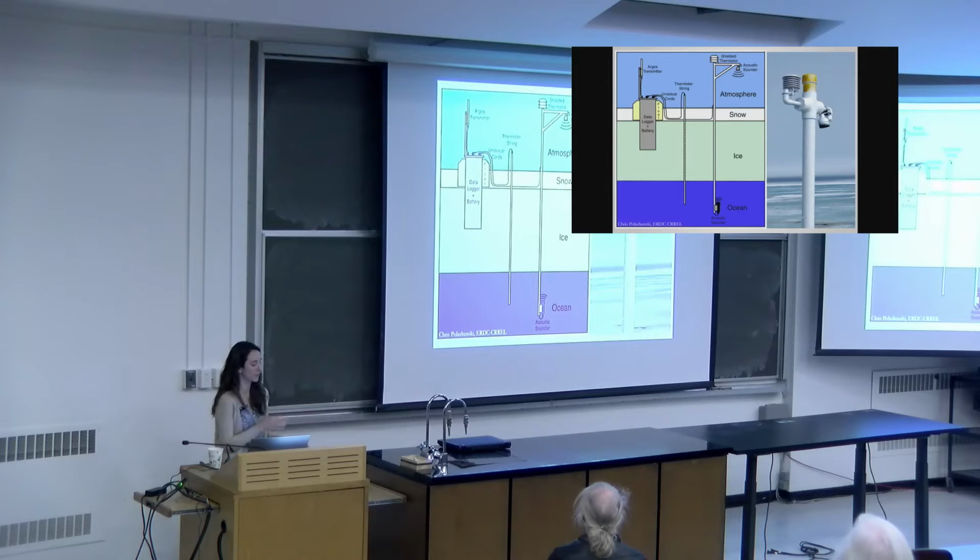I mentioned them before, but I wanted to show you what they actually look like because they're interesting. This is what they look like now. You have this data logger here and a battery, and you drill a hole in the ice and put a thermistor chain down so you can look at the temperature evolution vertically within the snow cover and the ice cover and the ocean. And you have these pingers, or these acoustic sounders, on top and on the bottom.